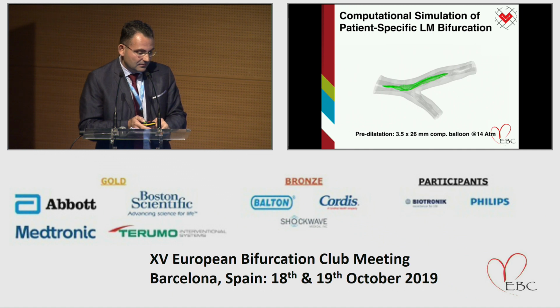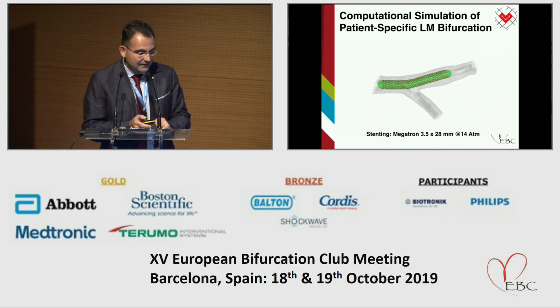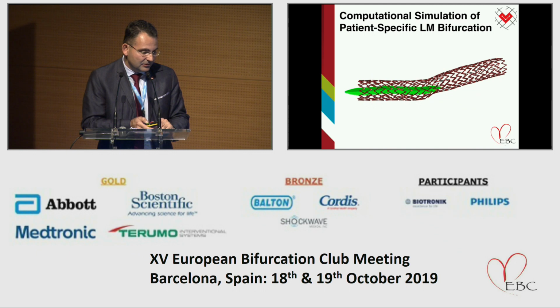Then we deliver the stent, Megatron 3.5 over 28 at 14 atmospheres. And then POT at 5.0 proximally at 20 atmospheres. And you can see it here on magnification.